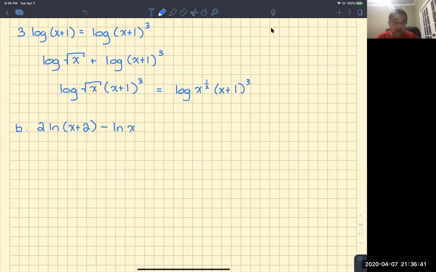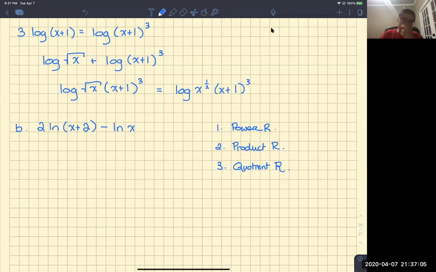Now, it's not the only way to do it, but in my practice, this methodology is the easiest way for most students. First, you want to use the power rule. Then you want to use the product rule when possible. Then you want to use the quotient rule when possible.